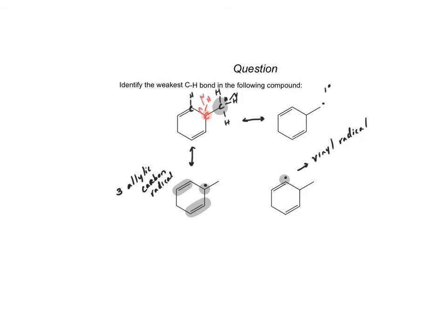And then finally, if we look on the outside here at this one, we get the same thing. If we cleaved this, we get a vinyl radical, which is not stable. It's the least stable. So that would be the strongest bond, the highest BDE.